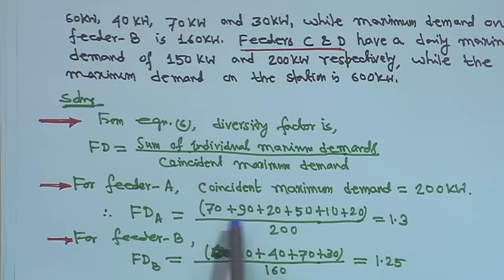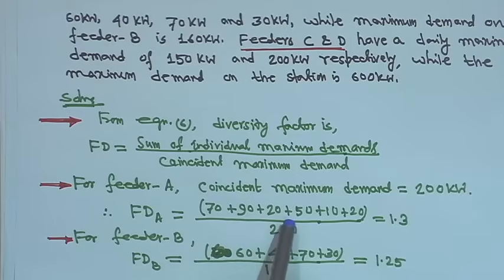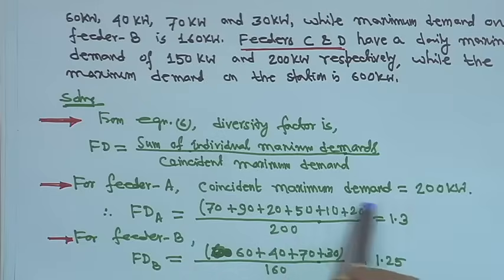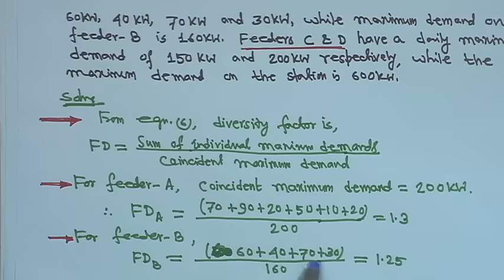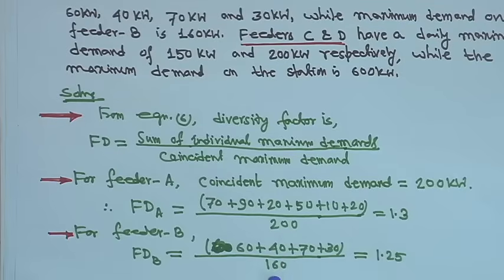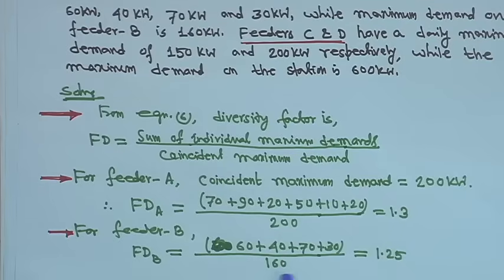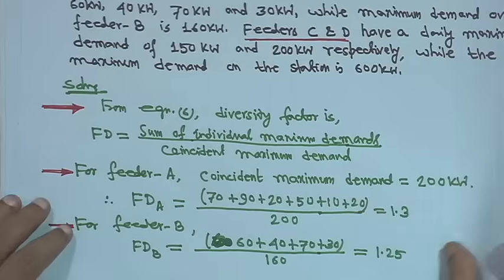So 6 are there, 70, 90, 20, 50, 10 and 20, you add, they are all kilowatts, divided by the coincident maximum demand 200 kilowatt. So for feeder A, the diversity factor is 1.3. Similarly, for feeder B, 4 consumers are there, 60 plus 40 plus 70 plus 30, all in kilowatt, and their peak is 160. Therefore the diversity factor for this one is 1.25, right.